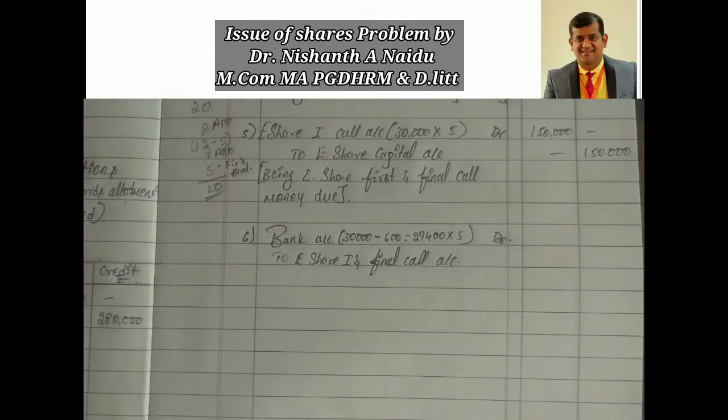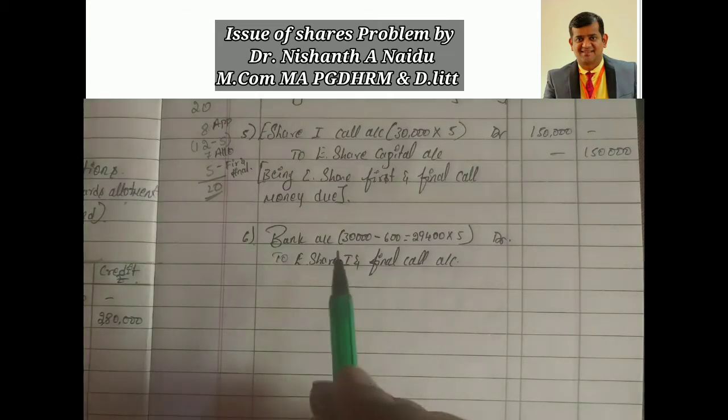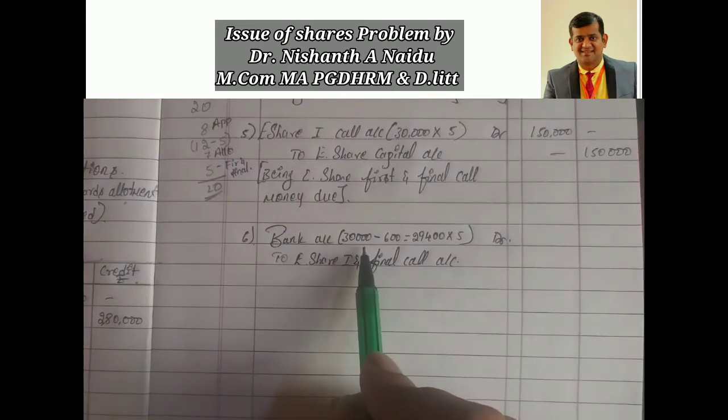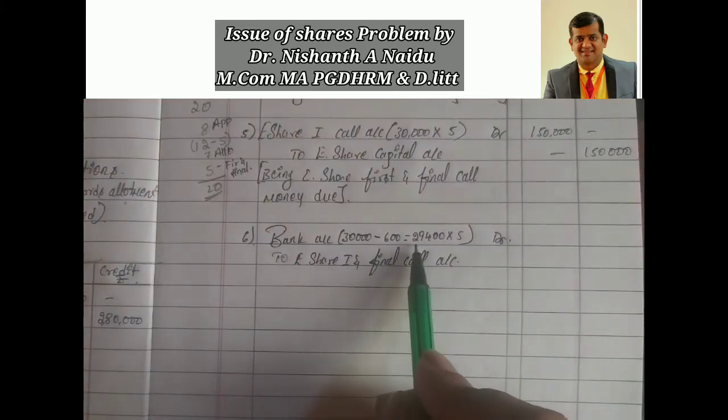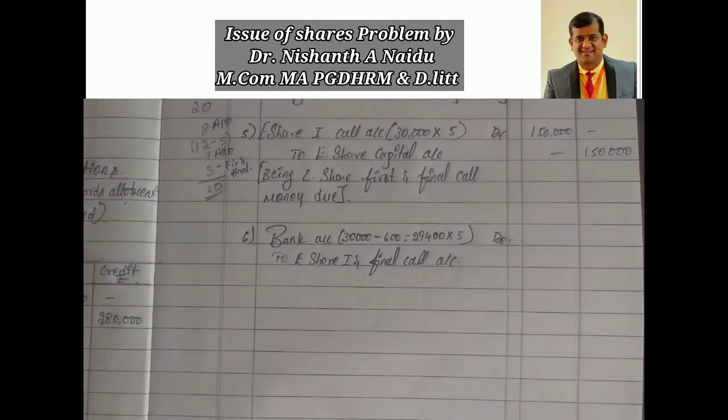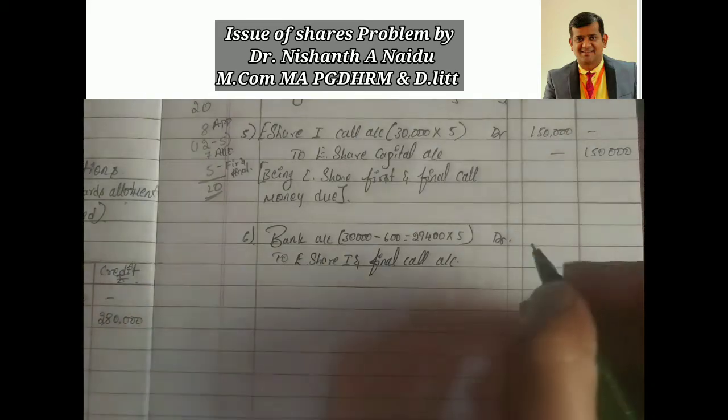Got the calculation? There was a person called Mr. Shankar who could not pay his final call money on 600 shares. So the actual number of shares I am supposed to receive on is 30,000 minus 600, that is 29,400. 29,400 into 5 rupees gives 1,47,000.